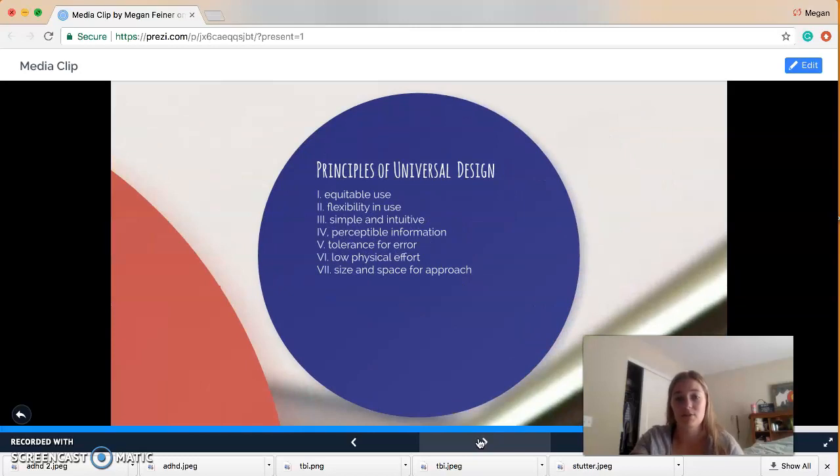There are a few principles. You want to have flexibility. You want to allow them to understand what they're seeing and understand their instructions. You want it to be simple, and you want it to be an approach that is appropriate for them.